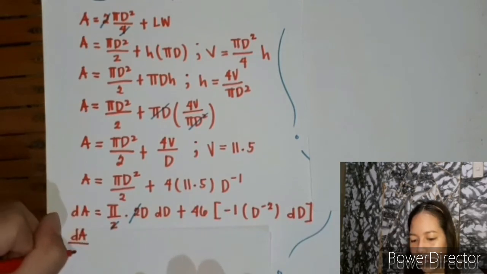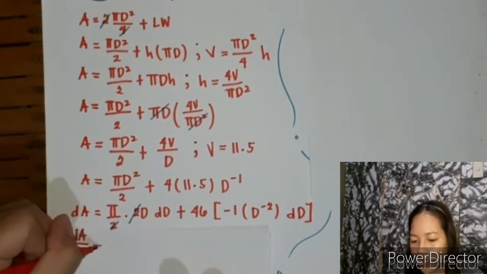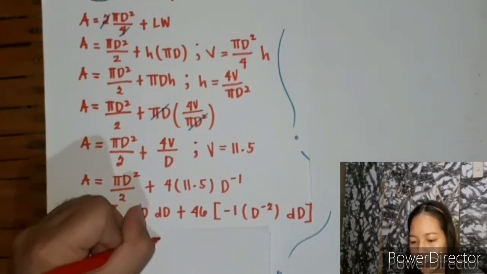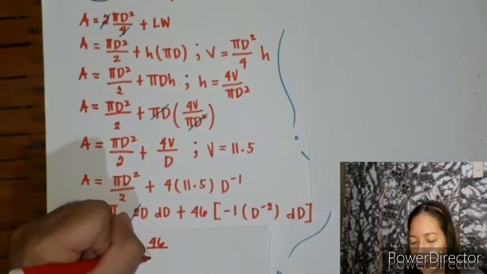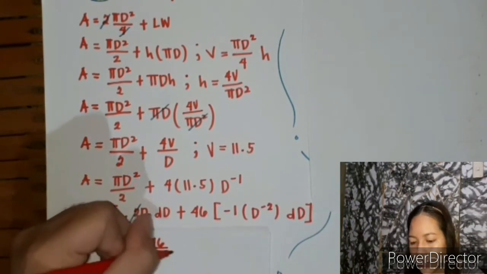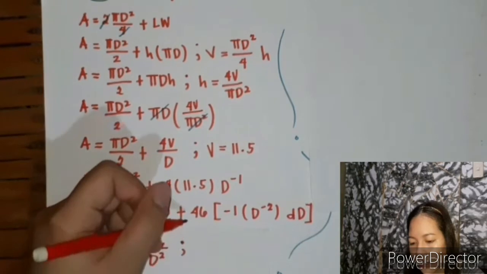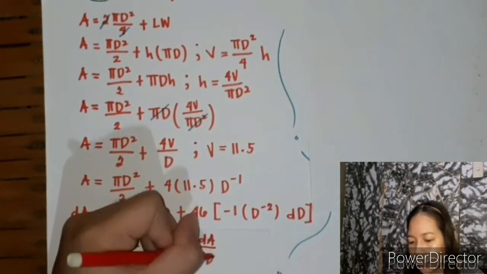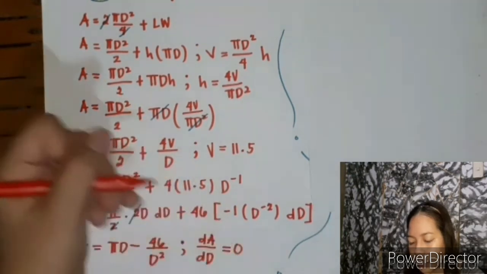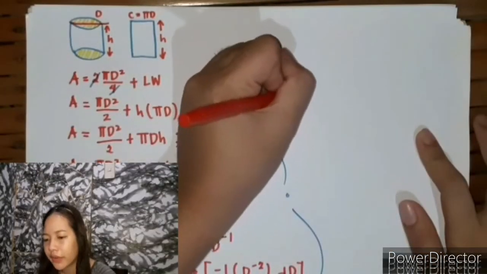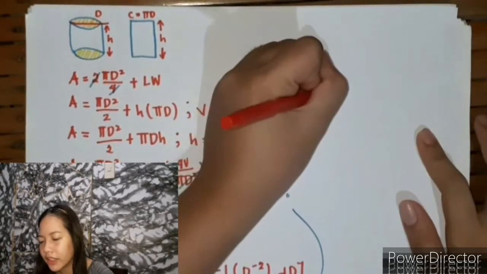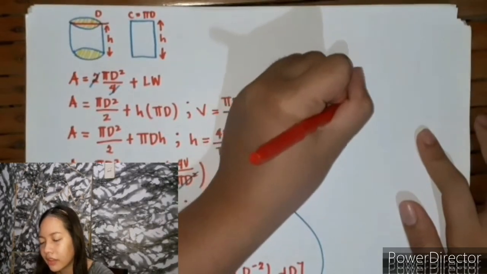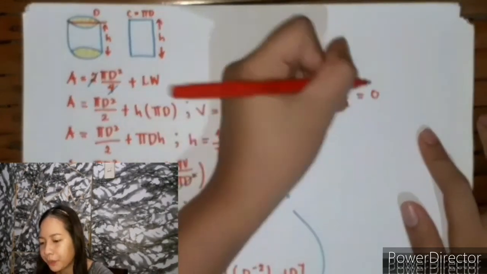It will become d of a all over d of d is equals to pi d minus 46 all over d squared. And then we let our d of a over d of d is equals to 0. So our equation now is pi d squared minus 46 all over d squared is equals to 0.